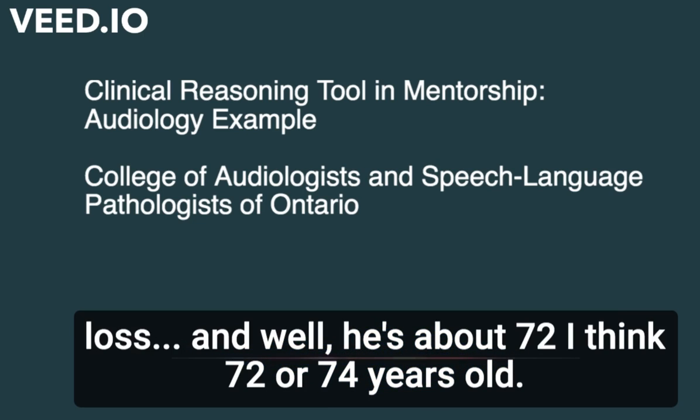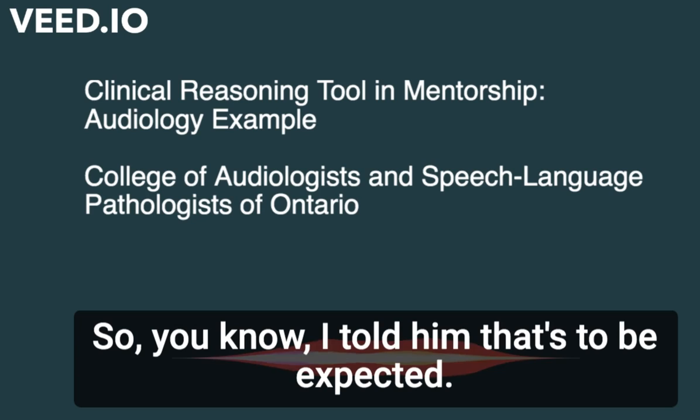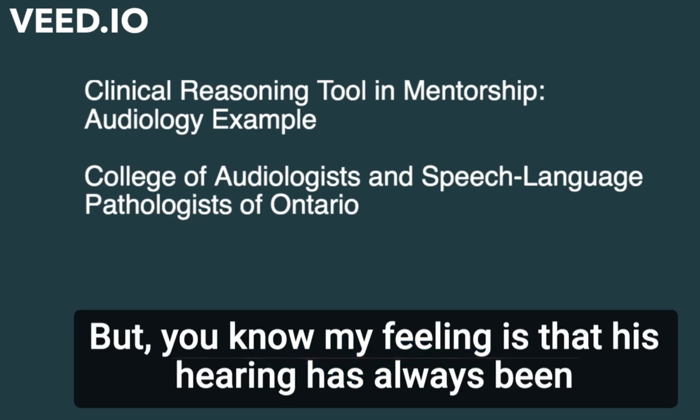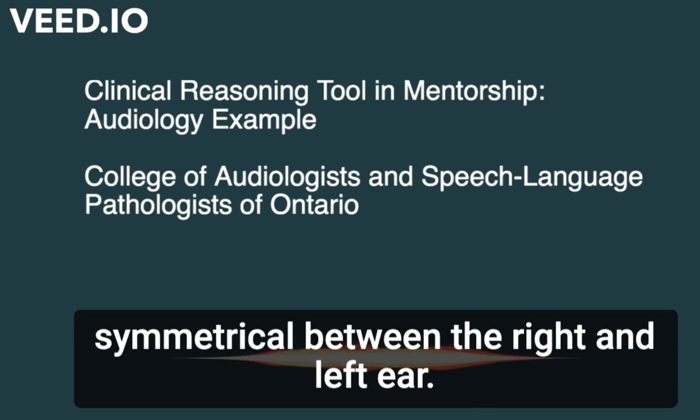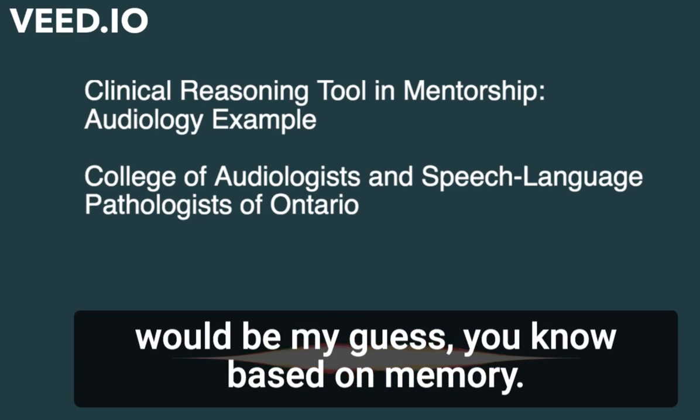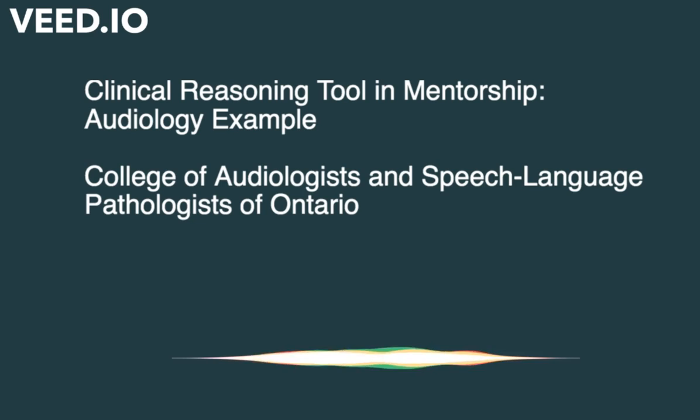And he's about 72 or 74 years old, so I told him that's to be expected. But my feeling is that his hearing has always been symmetrical between the right and left ear. I don't have the hearing tests with me, but that would be my guess, based on memory.